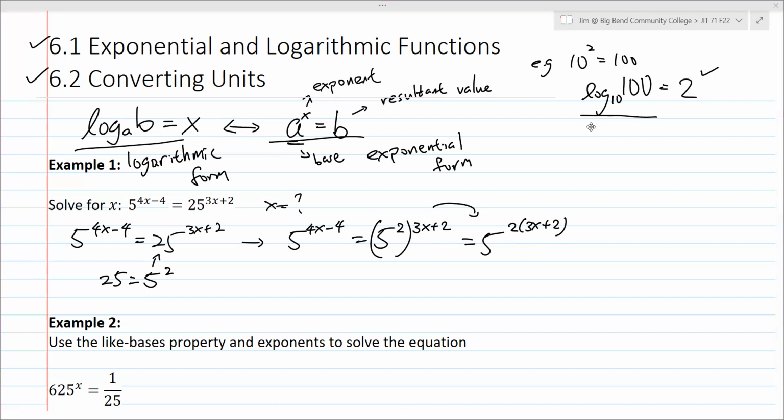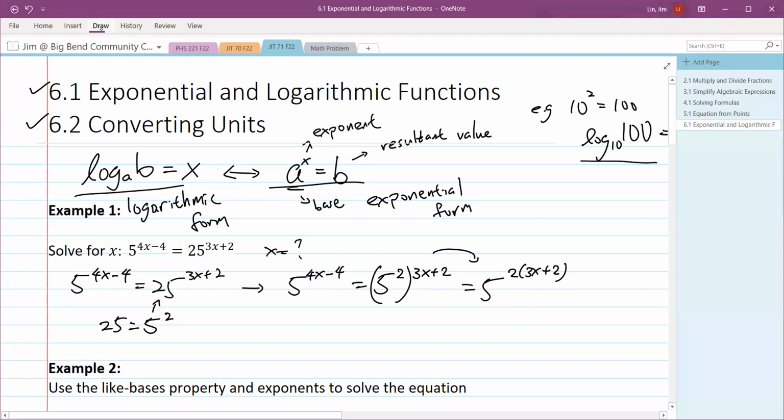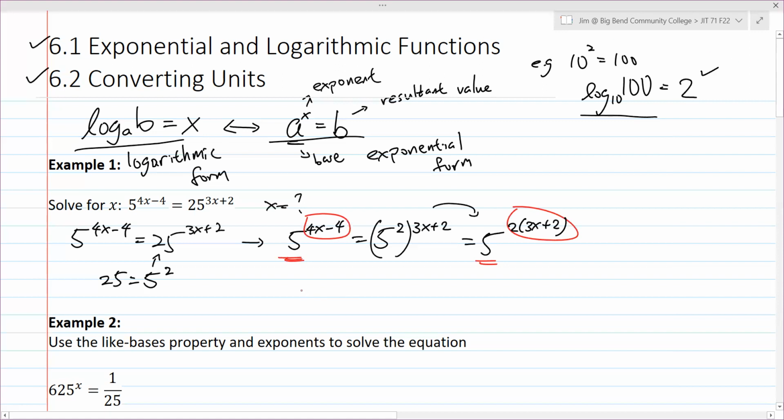All right, the condition is met. The reason we're doing this is because if you have the same base for the equation, then the powers will be equal. So I'll use the red pen to show you that now you can equate the two powers from both sides of the equation. Then this turns into an algebra problem for you to find the final answer.